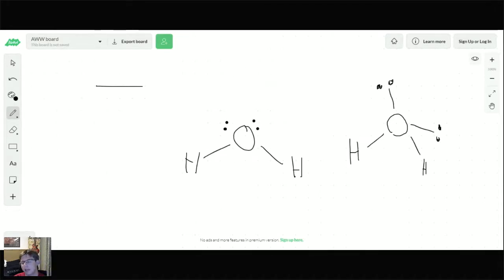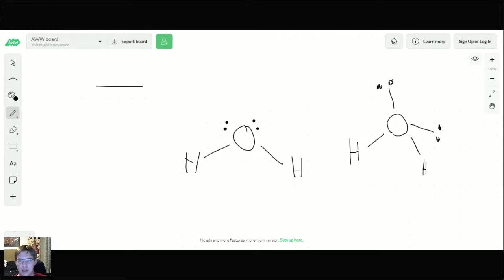So what would be the actual hybridization of that oxygen atom, based off of the fact that it has a tetrahedral electron geometry? Just take your best guess. So it's not sp. It has a tetrahedral geometry, so what can that tell us about the actual hybridization of this oxygen atom? Yes, it is sp3, because we have this tetrahedral geometry here.